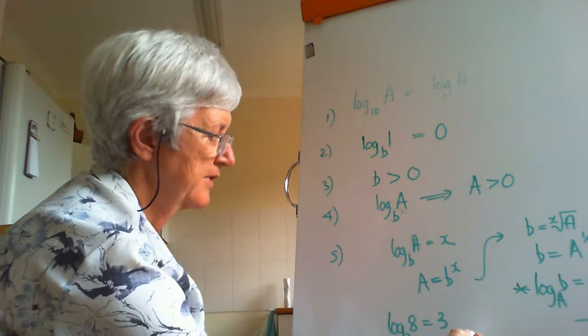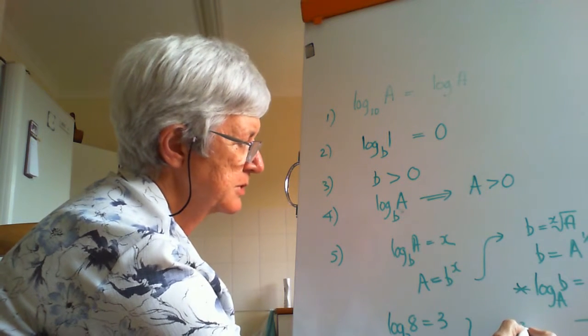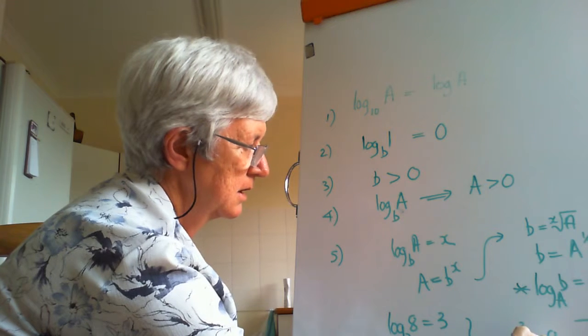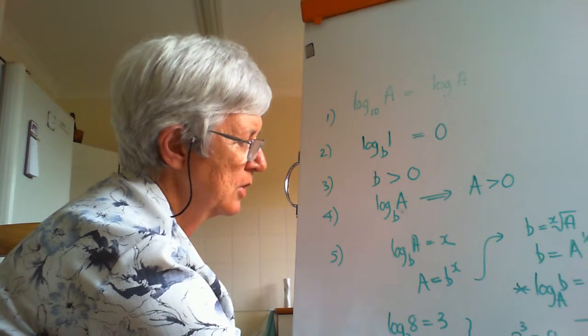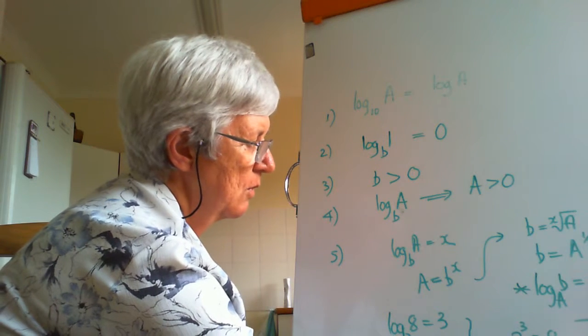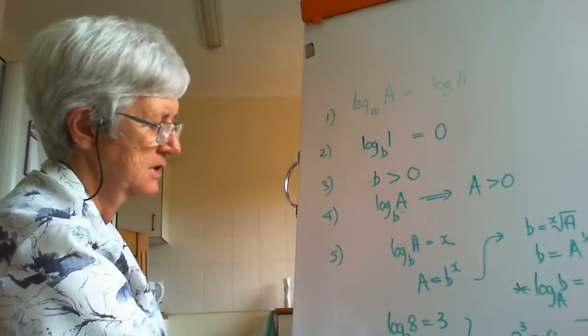Now, just to prove that it is in fact true, 2 cubed is 8. And so if you take the cube root of both sides, 2 would be the cube root of 8, or 8 to the power 1/3, which is what this says here.